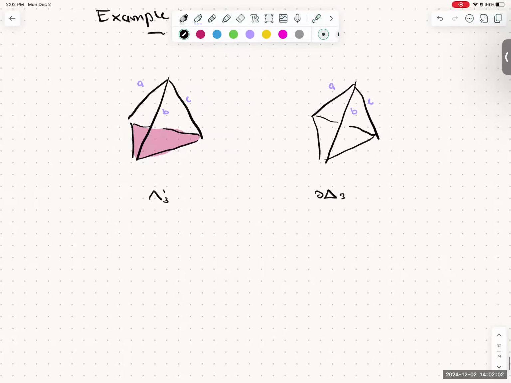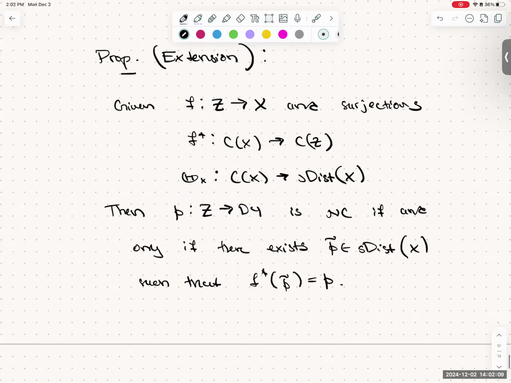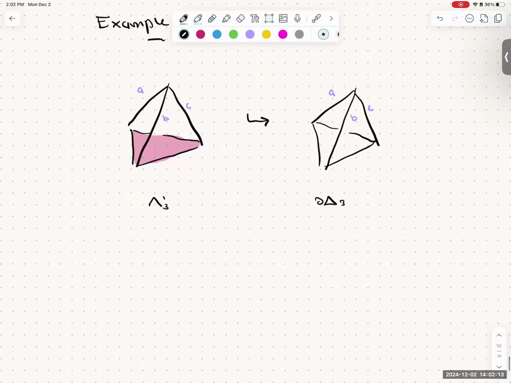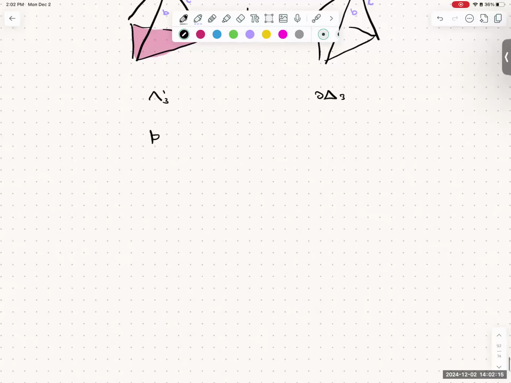And we see that there is an inclusion in here. Then the extension lemma says, in fact, that P in here can be extended to P tilde here.